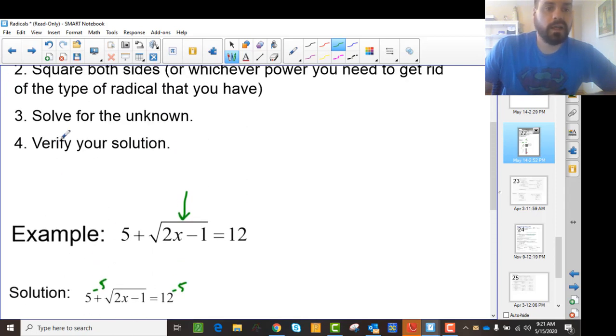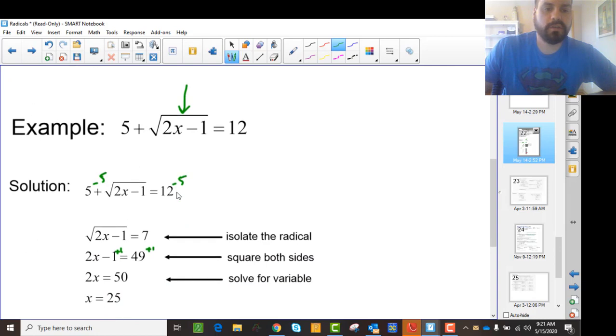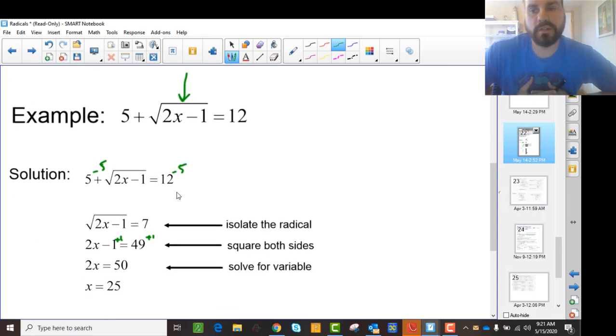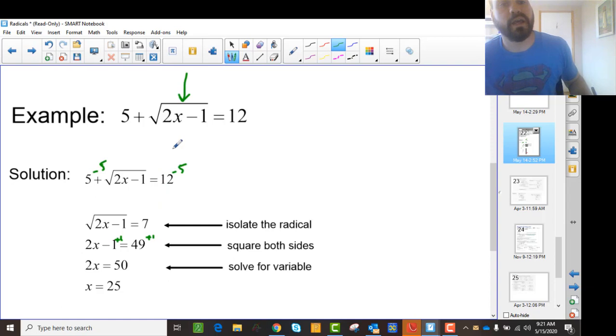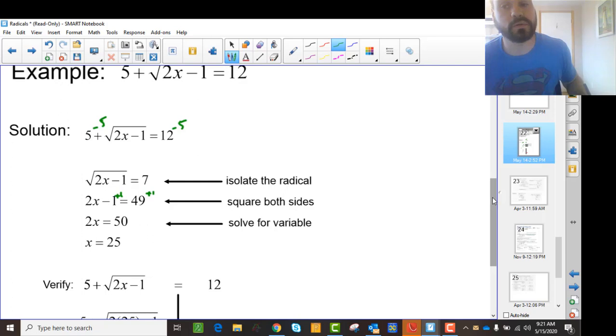The last step says verify your solution. You might say, if I solved it, then I should be right. But because we're squaring both sides, we may end up with an answer that gives us a negative or something like that. It's not going to happen with one radical, but it may happen with more than one. So we always check our answer by plugging it back into the original equation.